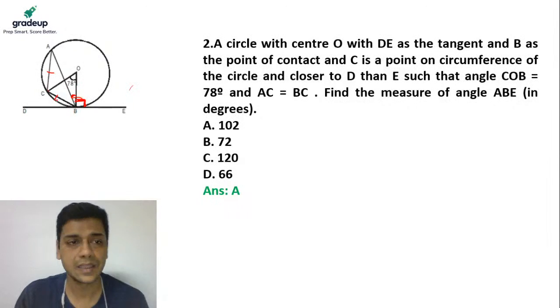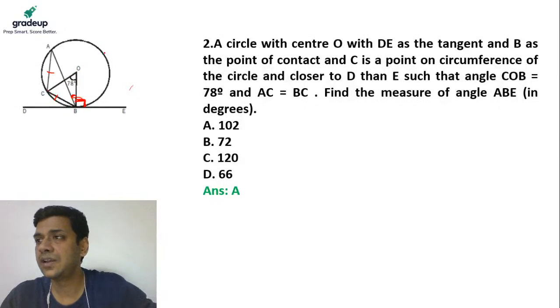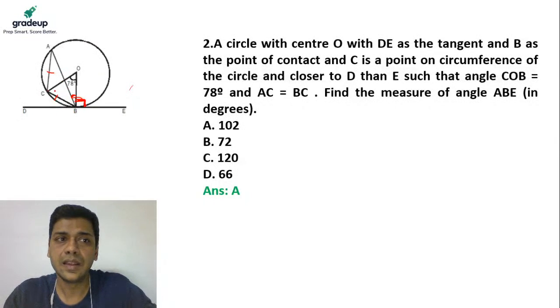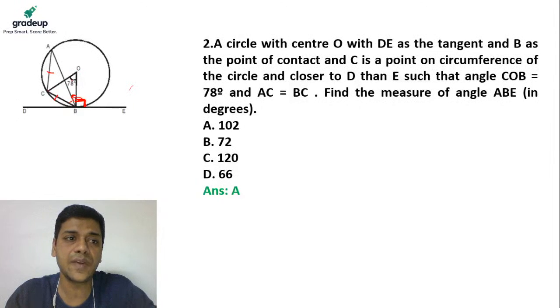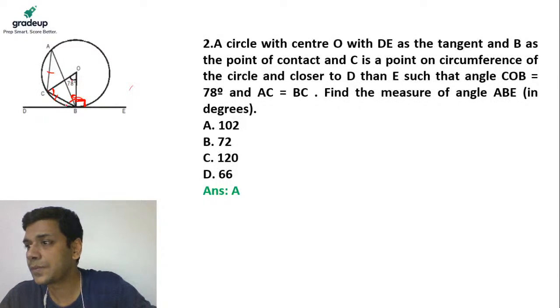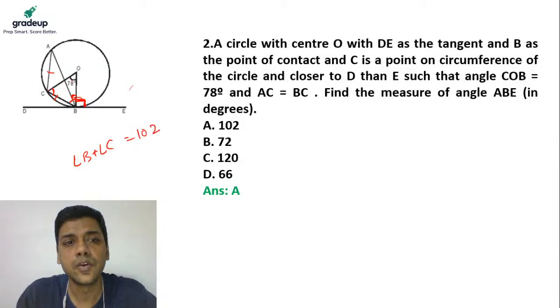Now OB and OC are nothing but radii, so OB and OC have to be equal, and the sum of these three angles, angle B, angle C and angle O, has to be 180. So can I say angle B plus angle C equal to 102?